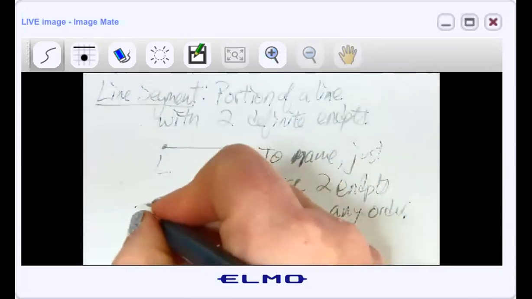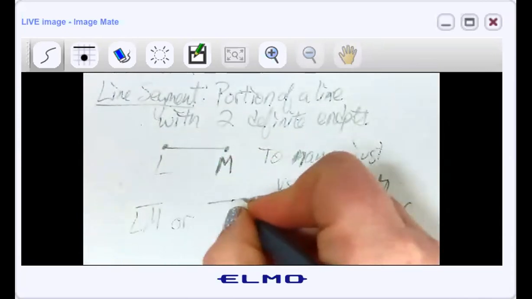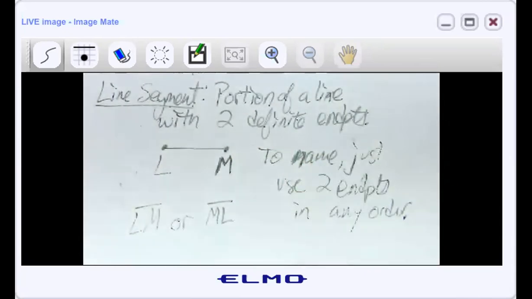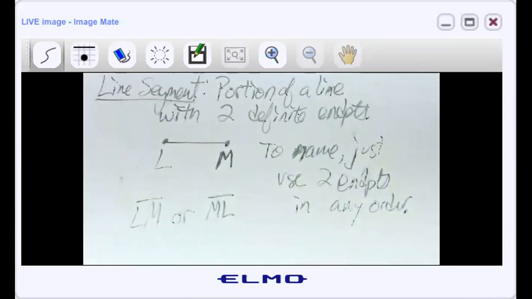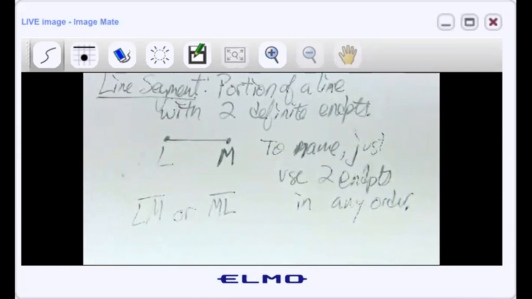Oh, and with a symbol, you can just put a bar on top. So this will be segment LM or segment ML. Up to you, doesn't matter. They are the same. And that's it.